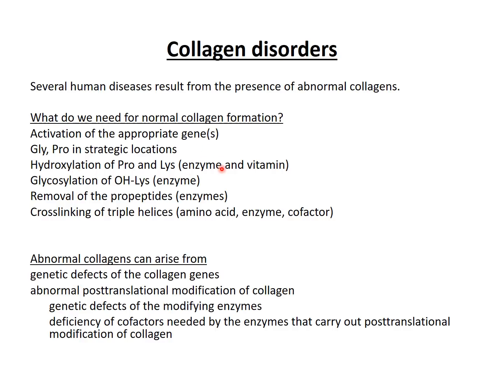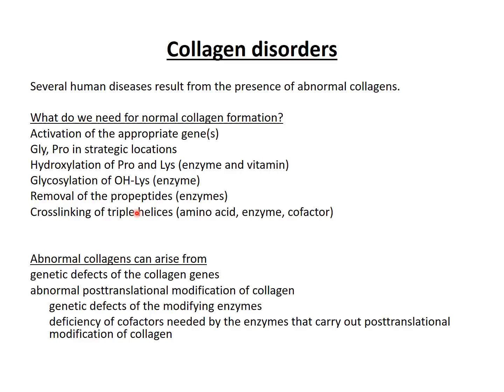We need then the enzyme, which is also a gene product. We need the vitamin for that. We need an enzyme for glycosylation. We need enzymes to remove the propeptides from the N terminal and the C terminal of the collagen monomers.